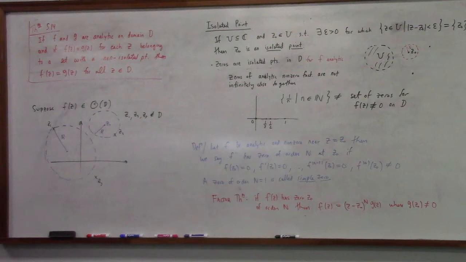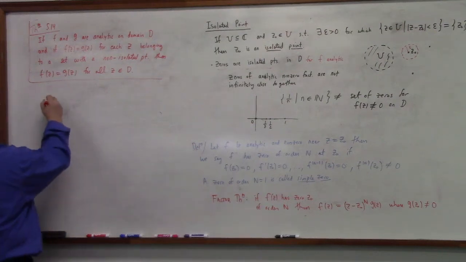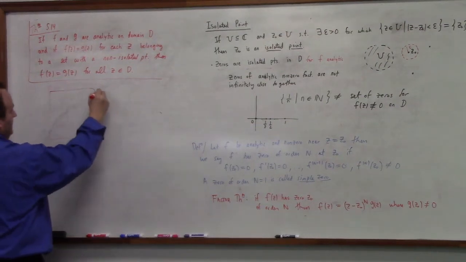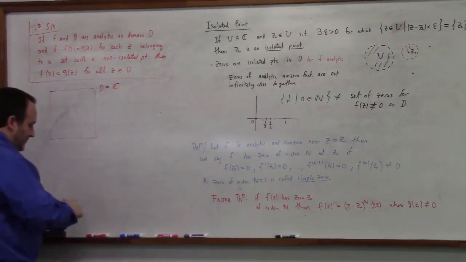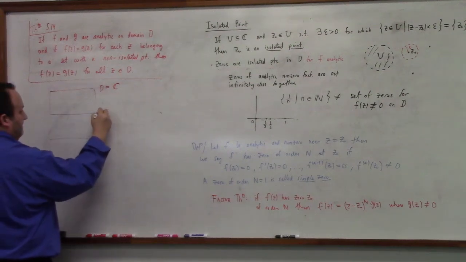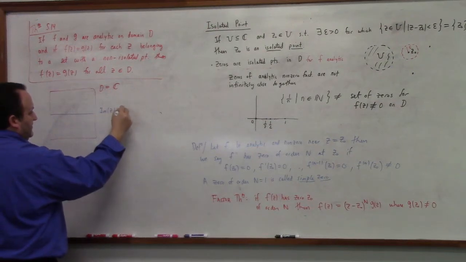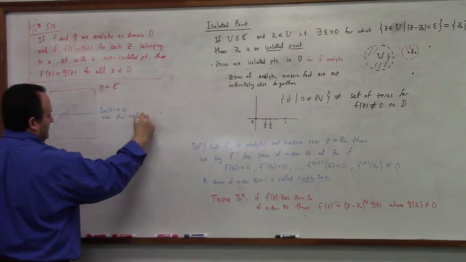So the real line is an example of such a set. If we take D equal to the complex numbers, the real line is just the imaginary part of z equals 0, aka the real axis.